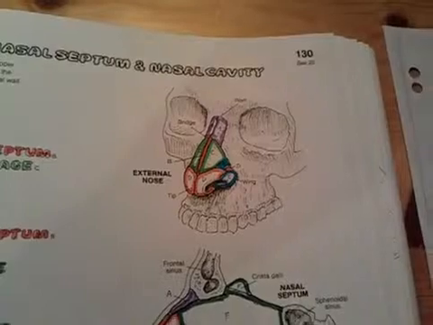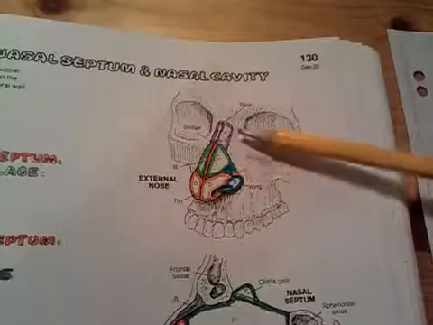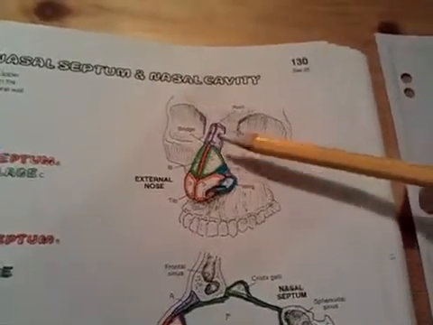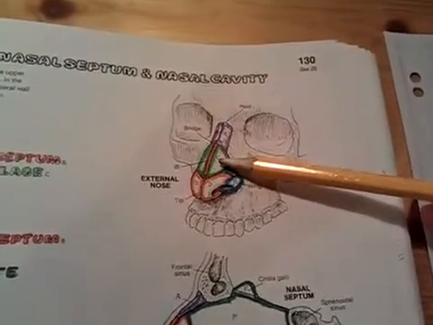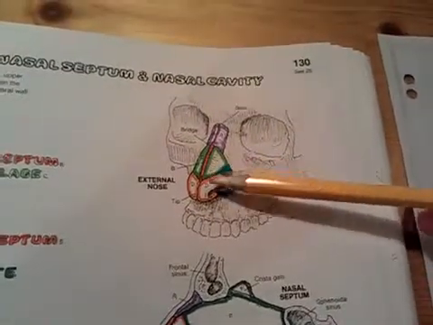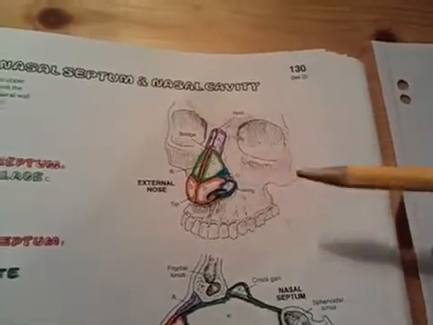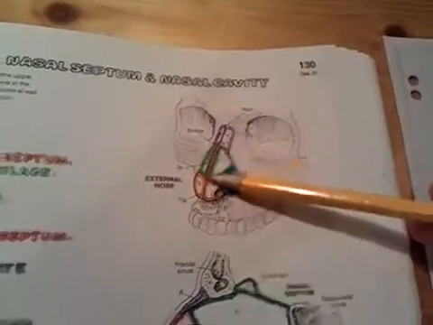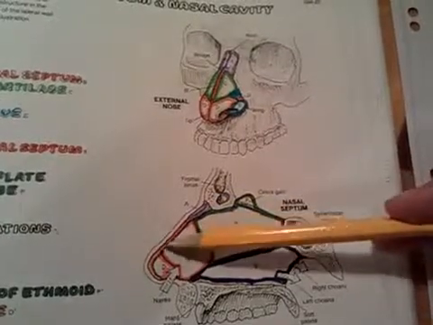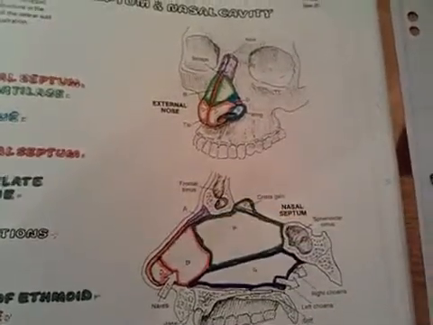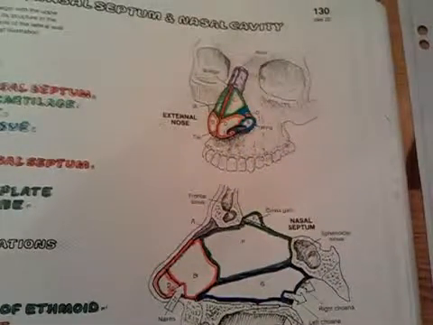The external nose is formed by nasal bones and frontal processes of maxilla, nasal cartilages, where you have lateral nasal cartilages, major alar cartilages, minor and accessory alar cartilages, and septal cartilage. This is septal cartilage. So you see, this will be the external part. And then you have nasal muscles and skin on top of those.